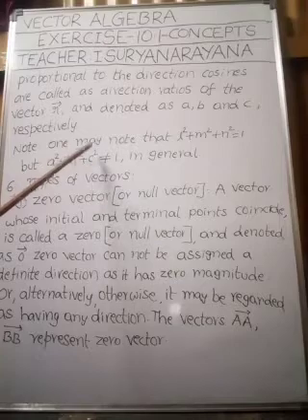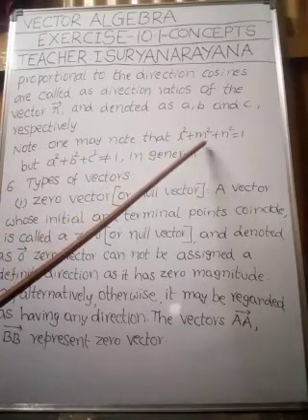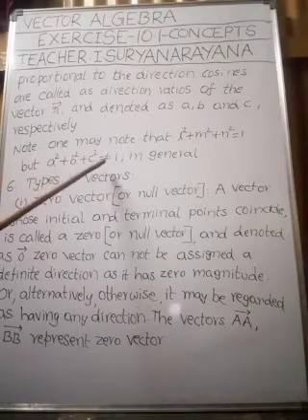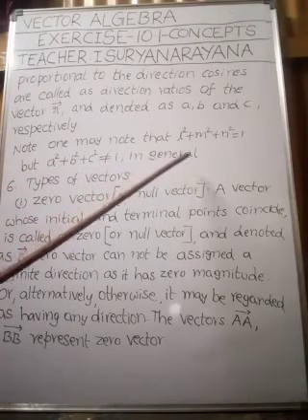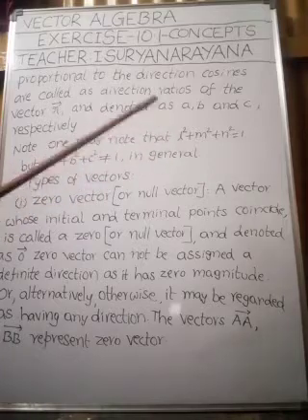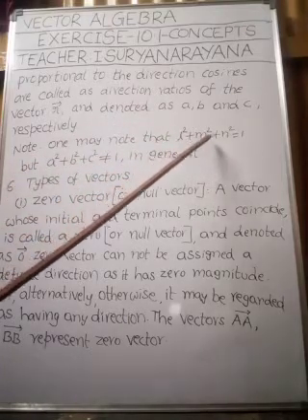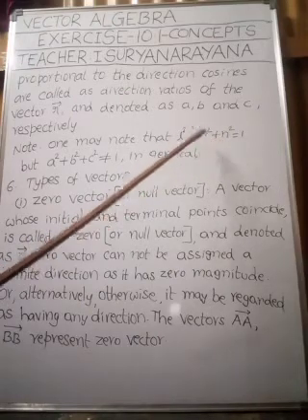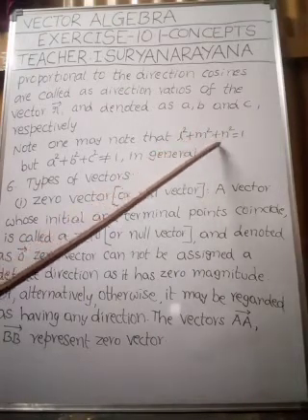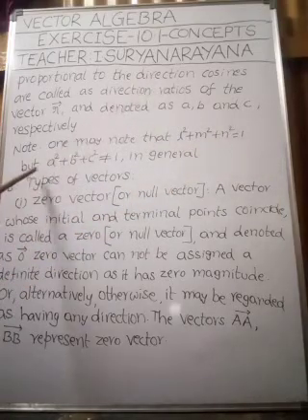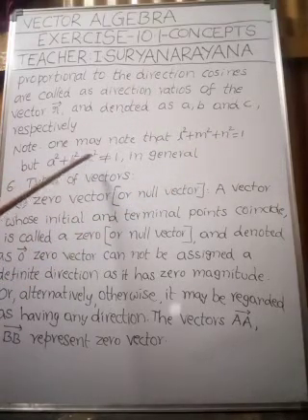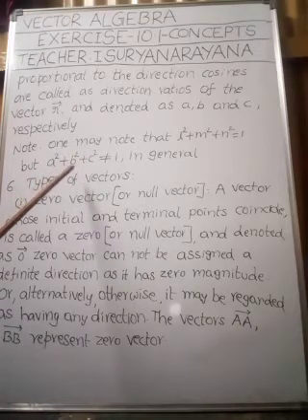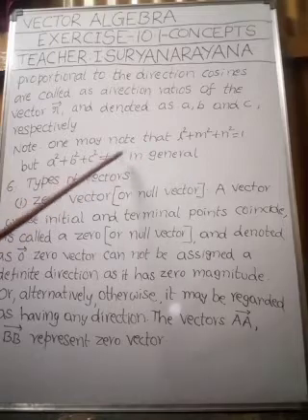One may note that L square plus M square plus N square is equal to 1, but A square plus B square plus C square is not equal to 1 in general. This is the relation between the direction cosines of a vector: L square plus M square plus N square is equal to 1. But A square plus B square plus C square, where A, B, C are direction ratios of the vector, is not equal to 1 in general. Remember this point.